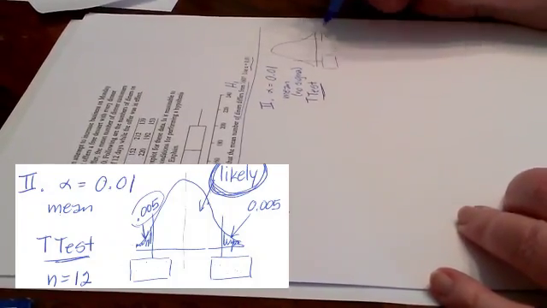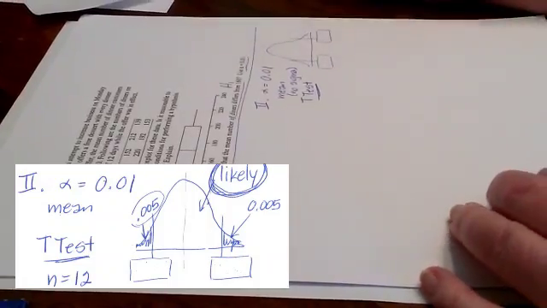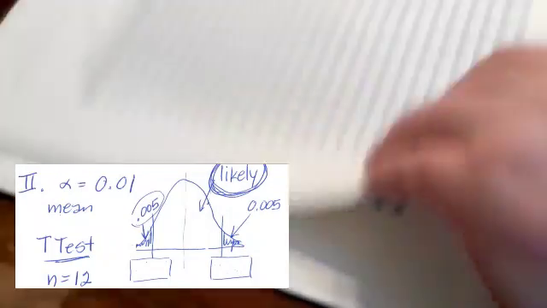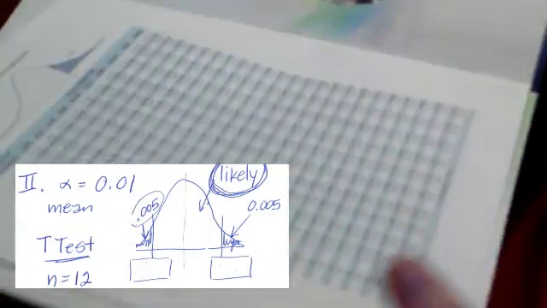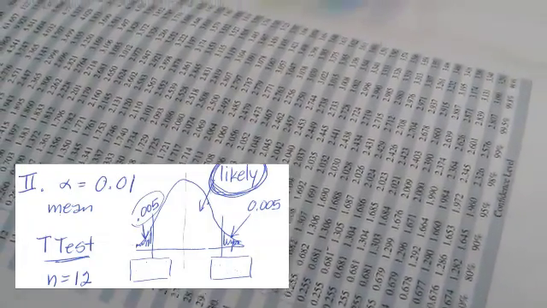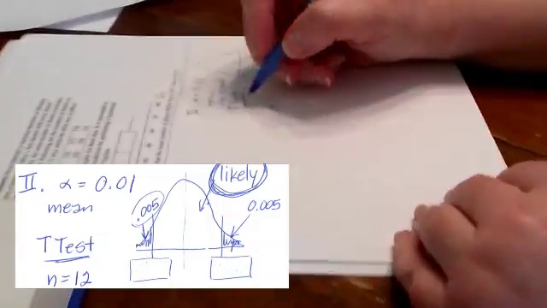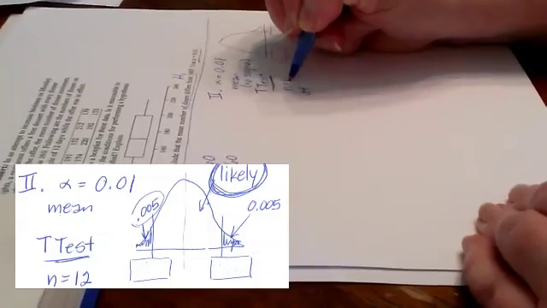And this is a t-test again, so I could use my calculator, but we can use the book. Let's look at the table again. All right, so we go off degrees of freedom. Oh, I should write that down. Degrees of freedom is n minus 1, and we've got a sample of 12.